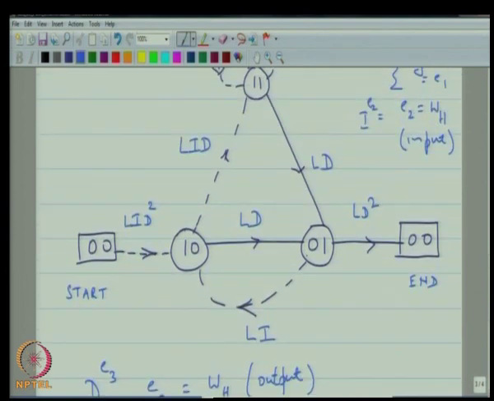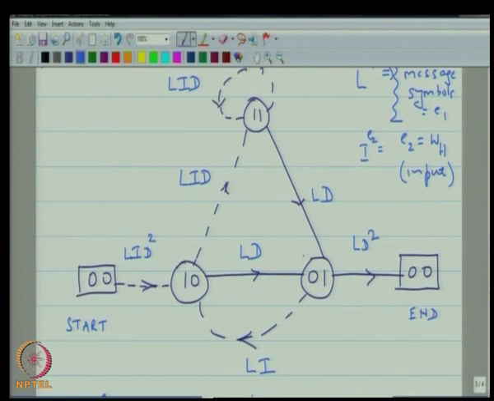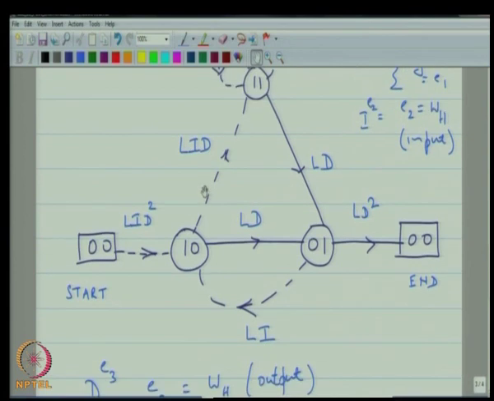Okay, so for example, this indicates that when going from the 1 0 state to the 1 1 state, you needed one input symbol. That particular input message symbol happened to be 1, and the Hamming weight of the output is 1. Okay, so that is what this actually represents.